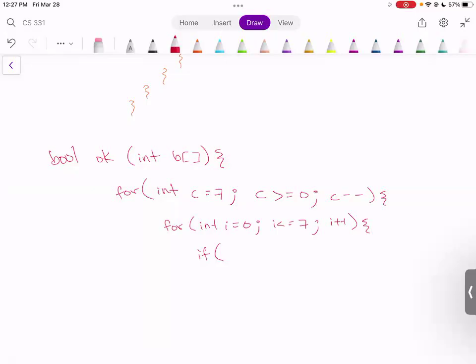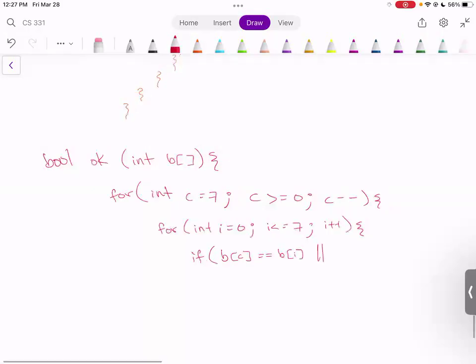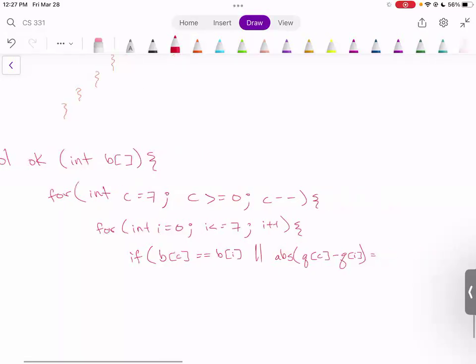And then you put everything in one if statement. If we already used it, sorry, this should be B, already was used, or you have the absolute value of Q sub C minus Q sub I equals C minus I, then we just return false.